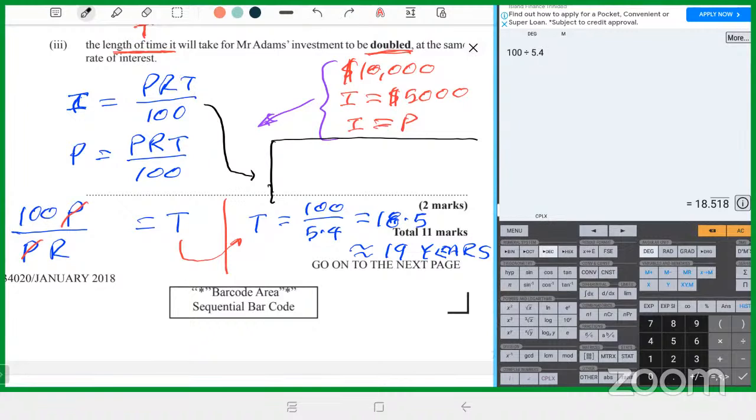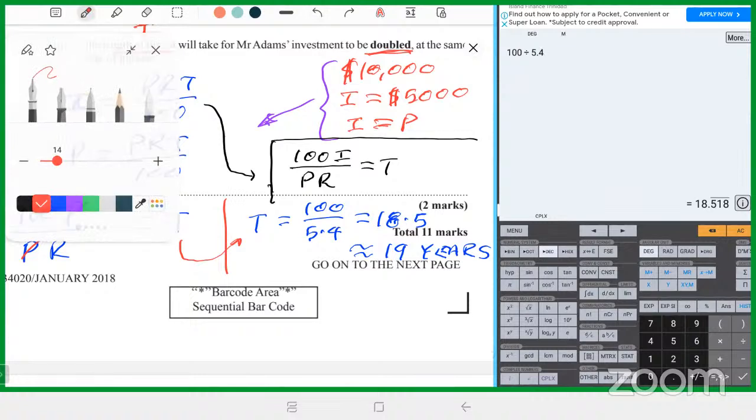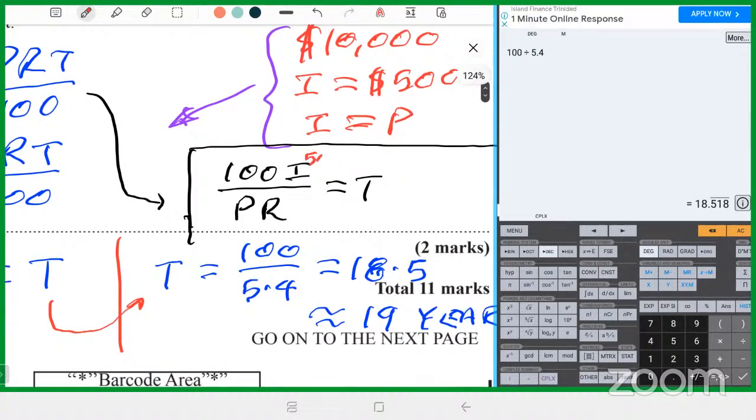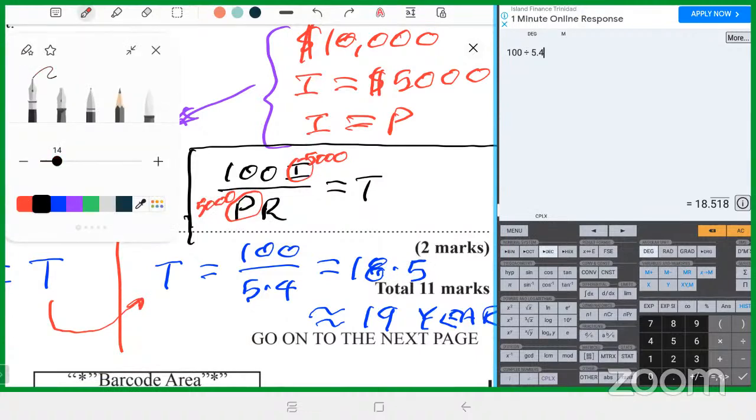So it will be 100 times the interest over principal times the rate equals the time. But then what that would mean is that this will be 5,000 if you're using the values. The interest will be 5,000, and the principal here also will be 5,000, and they would still cancel and leave it with 100 over R. So the end result will be the same if you're using the values 5,000 and so on.